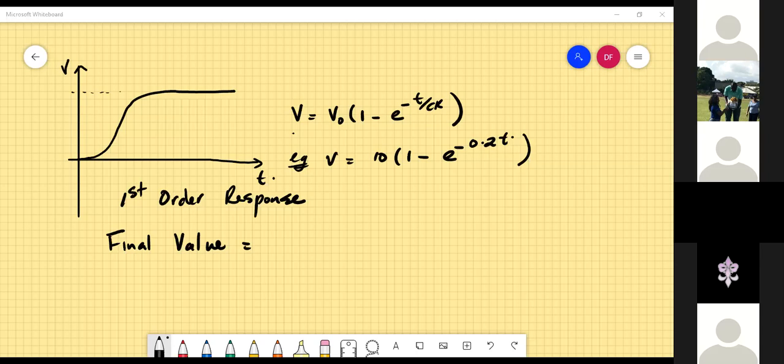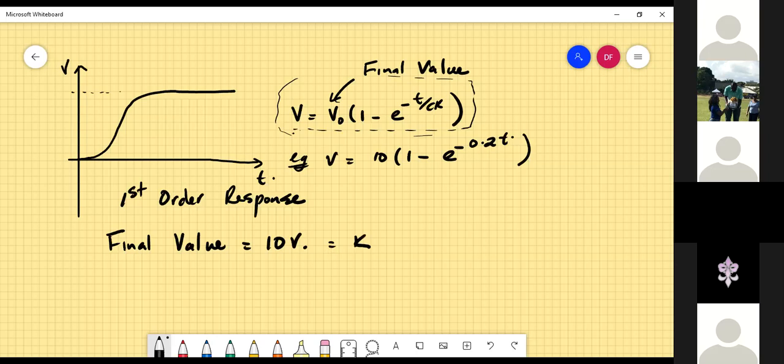All right. So what is the final value in this situation here? So V naught. All right, so this is my final value. So final value is equal to 10. That is my K. What is going to be my time constant?